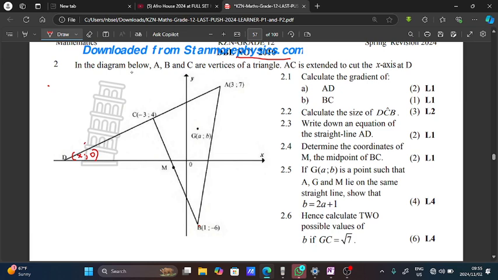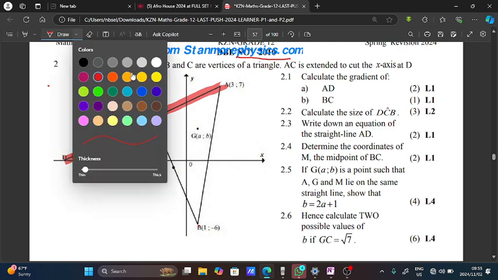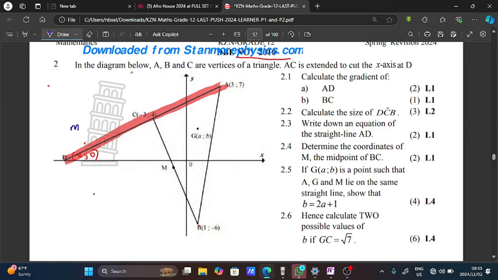Now this is what we've mentioned: on line AD, let's show line AD. Here's the line. Can you see this line? How many points do we have on that line? 3 points again: A, C, and D. If that is the case, I know that the gradient of AC will be the same as the gradient of CD.